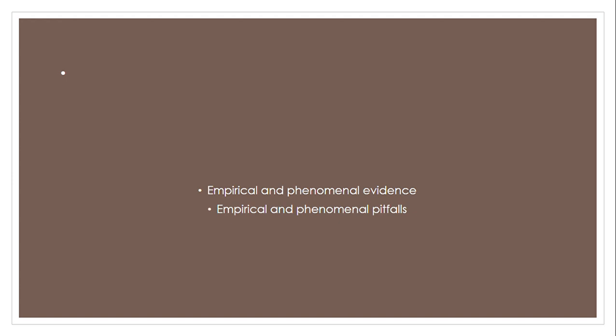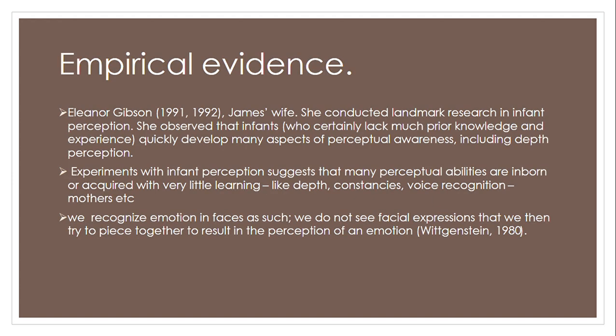Now we'll look at some empirical evidence for Gibson's theory. His wife Eleanor Gibson conducted the landmark study of infant perception, which we all know as the visual cliff experiment. How the visual cliff experiment acts as evidence for this theory is that many infants with very little experience in crawling hesitated to crawl across what seemed to be a cliff.